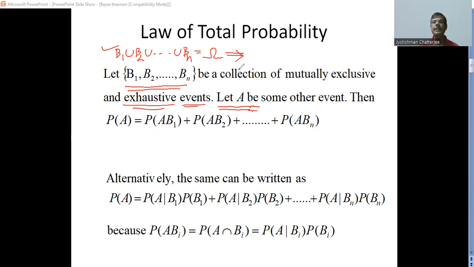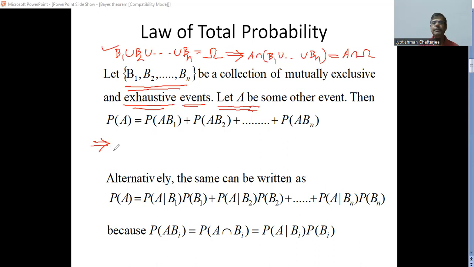Because they are exhaustive, we are getting this thing. Now let's intersect by A on both sides. So the left-hand side becomes, and the right-hand side becomes. Had I kept a white space in the next slide, it would have been easier, but I forgot.